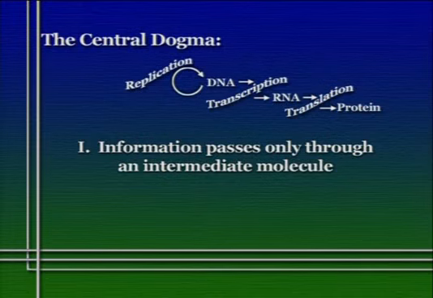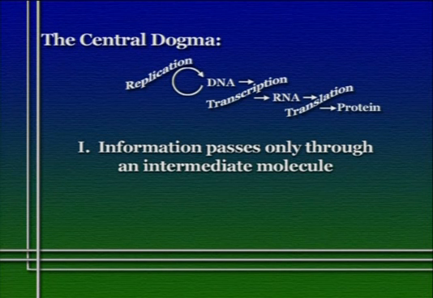The first point is the suggestion that information doesn't pass directly from DNA to proteins, but instead passes through an intermediate molecule. This intermediate molecule is the other main kind of nucleic acid that we've mentioned, ribonucleic acid, or RNA for short.